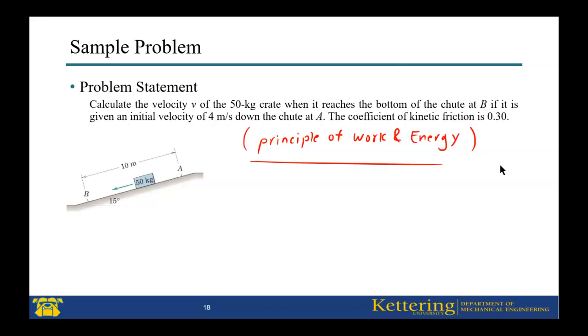However, if I ask you to use the principle of work and energy, you have to use it. If you solve it another way, it's okay, but you cannot get full credit. Maybe I will give you 5 out of 10, even though you found the correct answer.